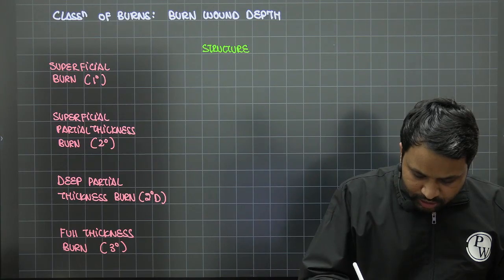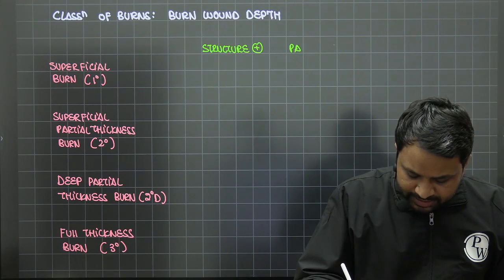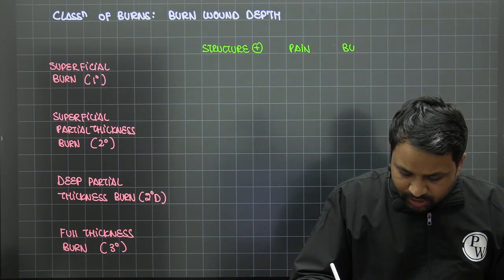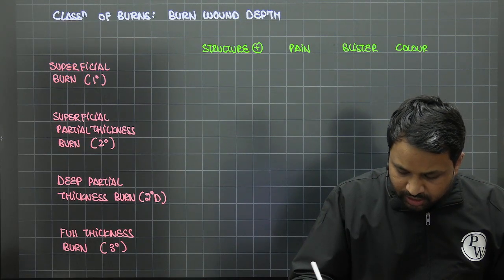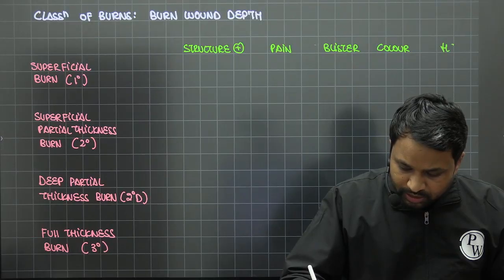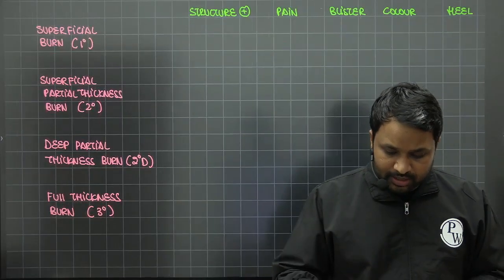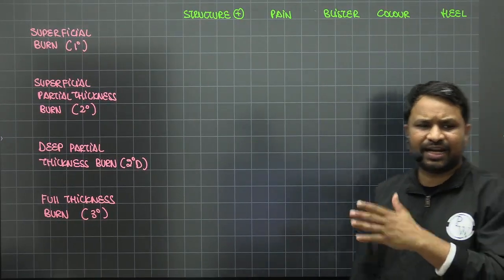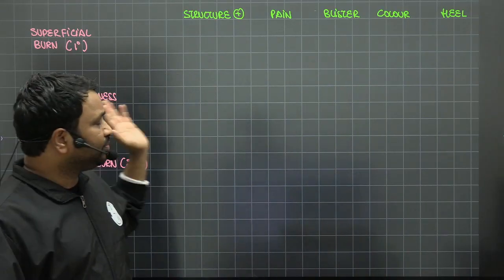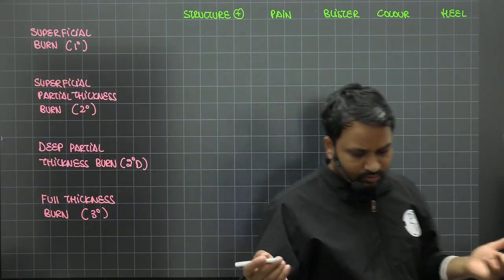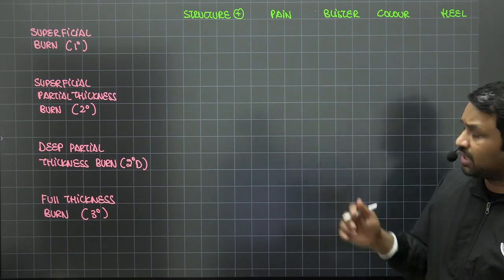Obviously, the second component is pain. Then you have blister. Then you have the color and whether it is going to heal or not. This is the criteria on which you're going to categorize the burn into different grades, or different classes of burns.